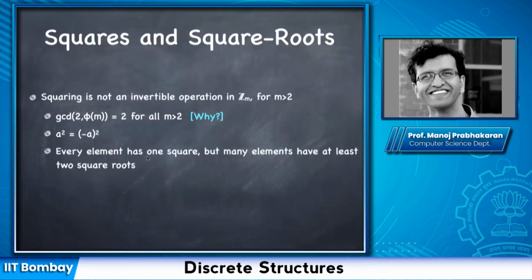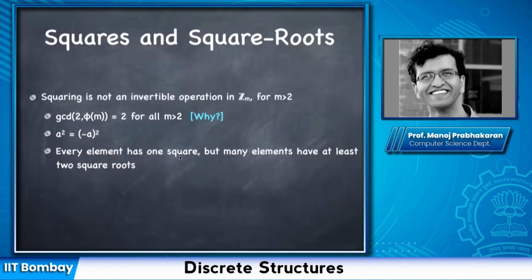On the other hand, every element has exactly 1 square. So every element provides you with only 1 square, but some of those squares have multiple elements giving them as a square, which means there will be some elements which do not have anybody yielding them as a square.